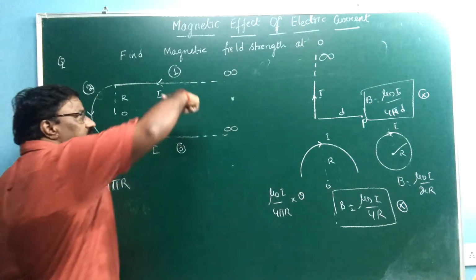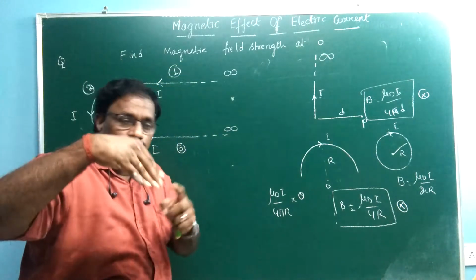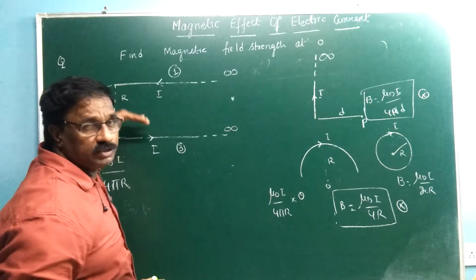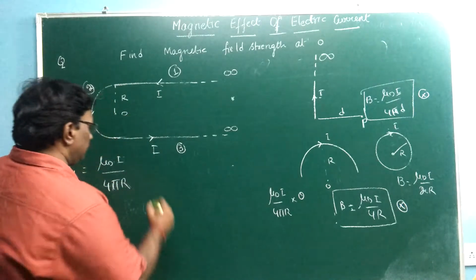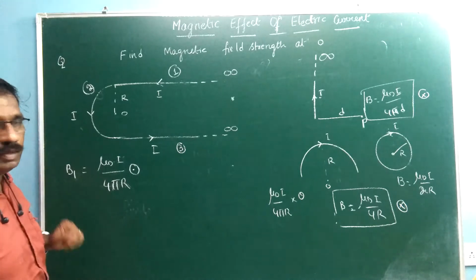I already said how. Keep like this, this always indicates into, this always indicates out. And your point is below. Below, the field is out, means towards you. So it is out now. This is B1. Understood?